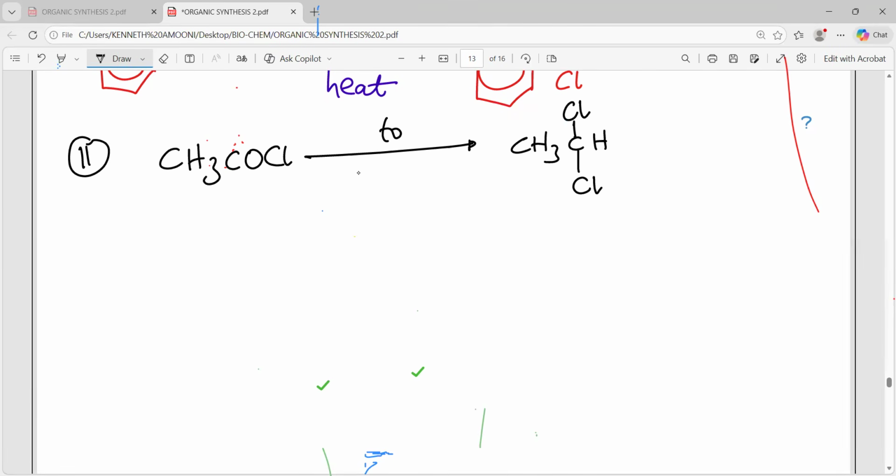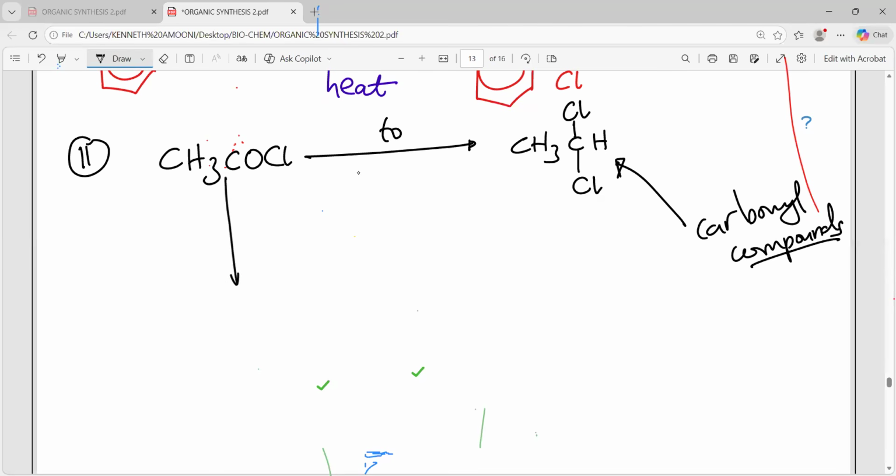So we are moving to that compound. It is a geminal dihalide. And we say that these geminal dihalides are usually formed from carbonyl compounds, by the reaction of carbonyl compounds with PCl5. So we are going to convert that acid chloride into a carbonyl compound.